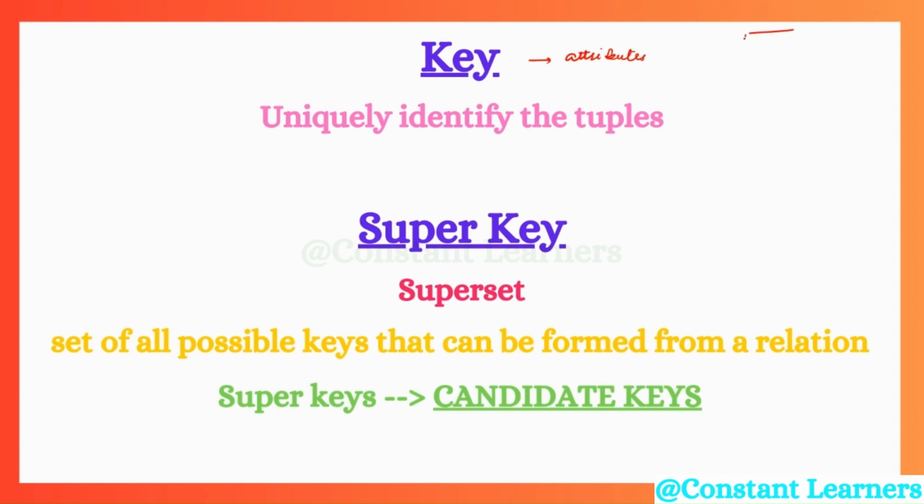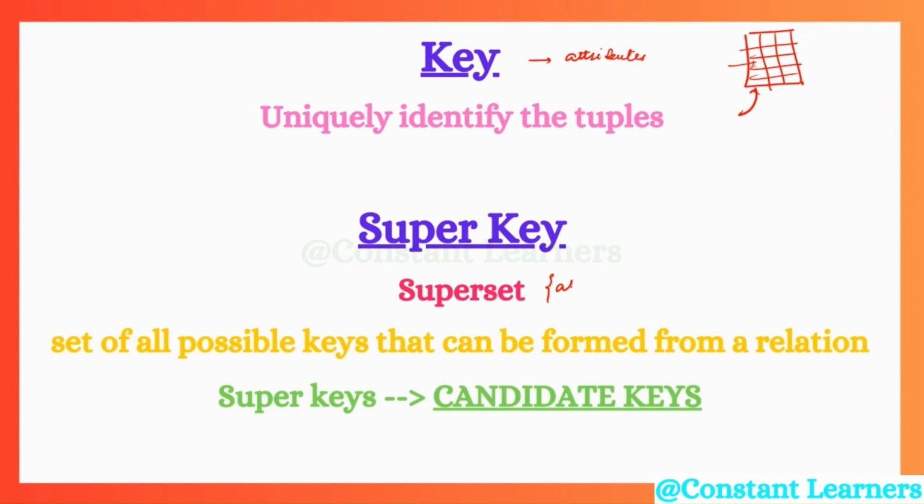That means in a table, if I have thousands or millions of rows of data, then one particular column should be able to look for that particular data entry which I am looking for. That means it should be able to identify the data entry. So keys act as identifiers because they can uniquely identify the row, the data that we are looking for.